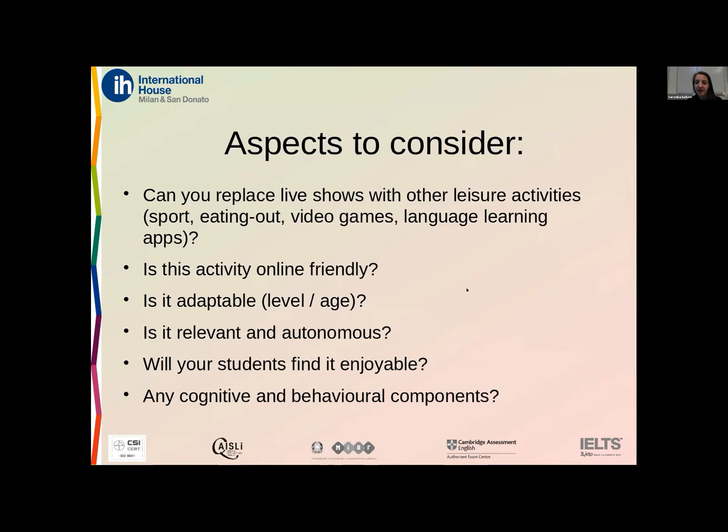Any cognitive and behavioral competence here? How do you think your students are going to benefit from it? Any comments on that? Any comments on the components?